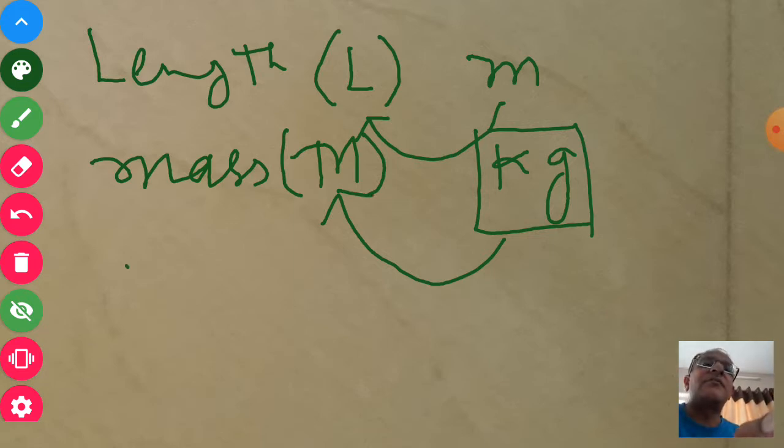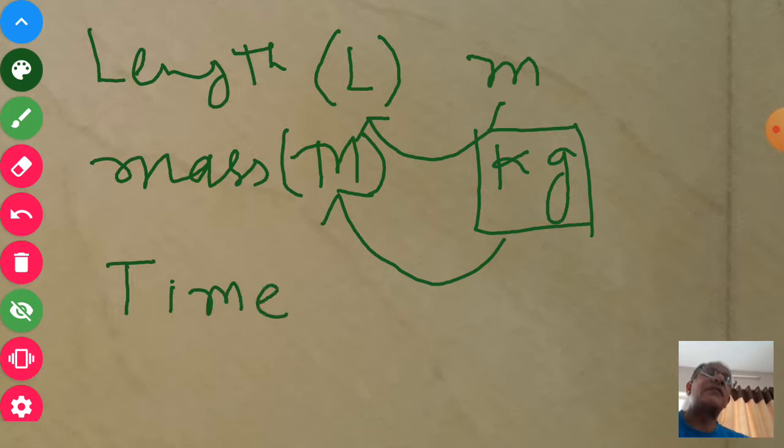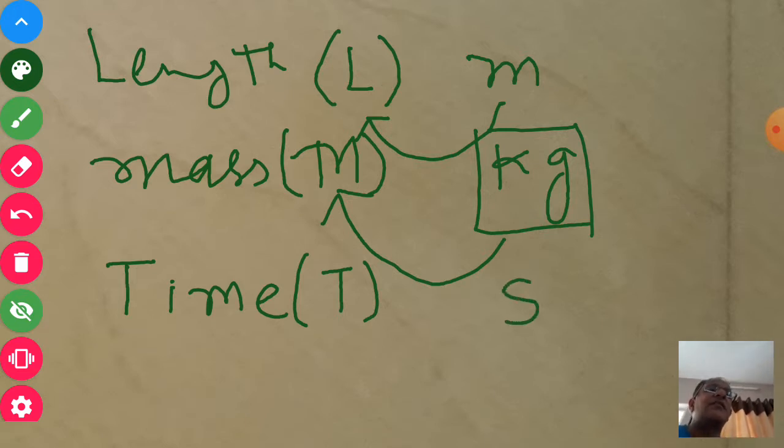And the third quantity, right now I am taking time. Other quantities were also there, but we shall discuss those later. Right now I am considering only three quantities. Time, we take its first letter as T, and whenever you have second in the unit, we can say we have measured the time.